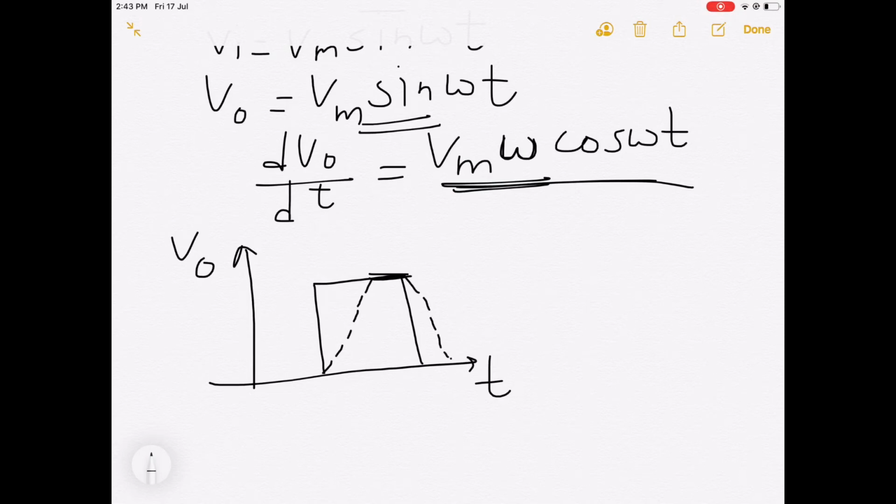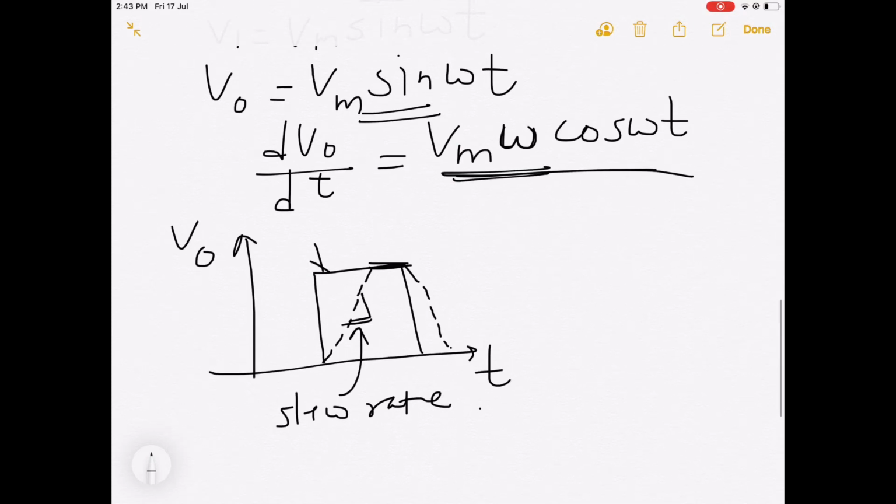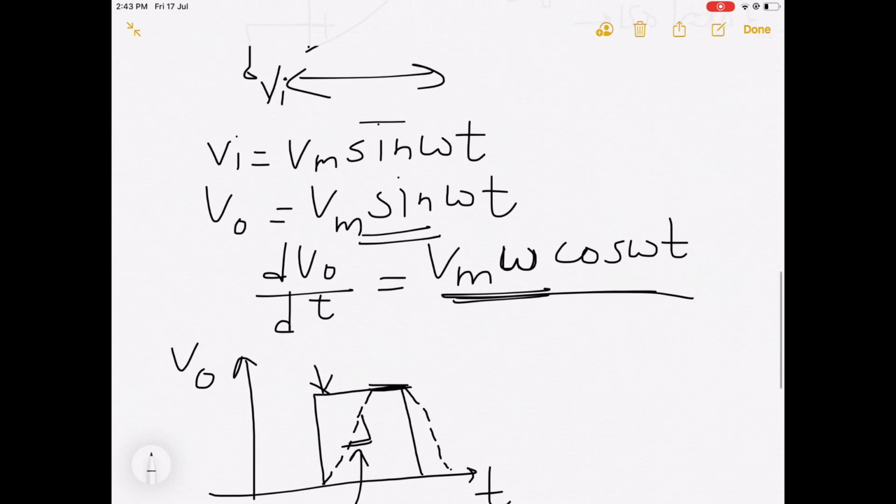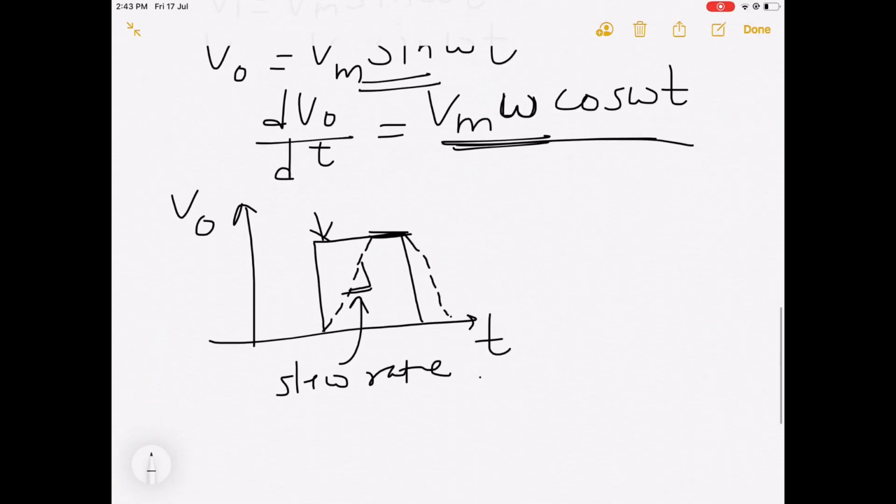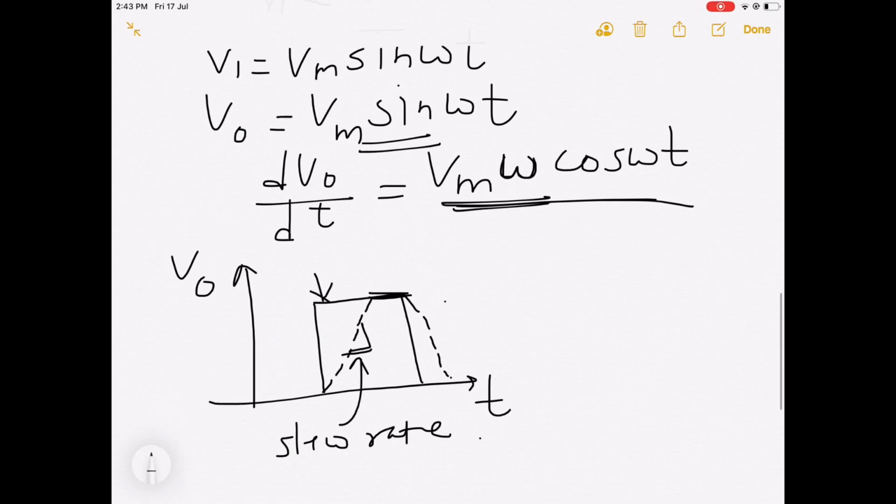This part, the rate of change of output voltage with respect to time, is known as slew rate. This is your Vi, and this is your Vo.